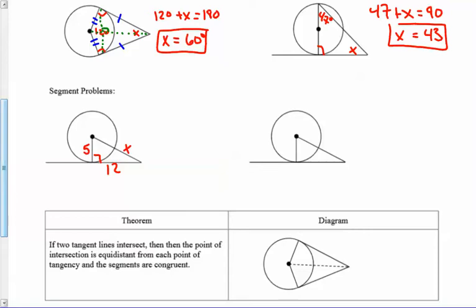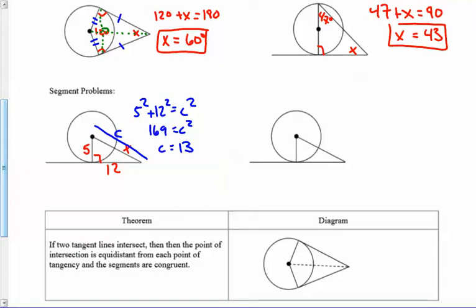Well, what you can do is you can consider this whole thing as C, and you can think to yourself, well, it's a right triangle, so 5 squared plus 12 squared equals C squared. And 5 squared plus 12 squared gives me 169, so C equals 13.